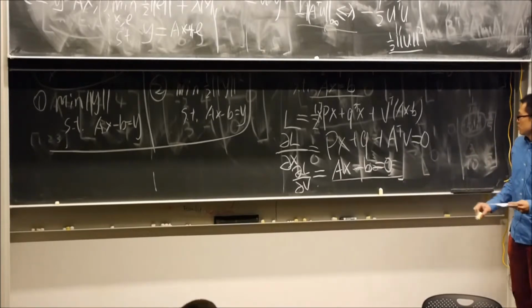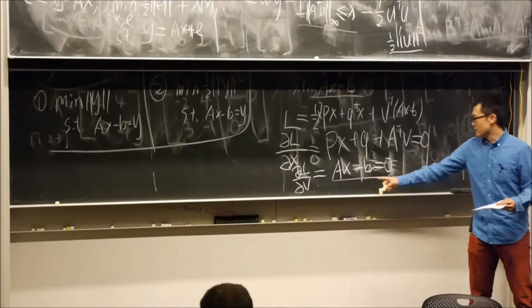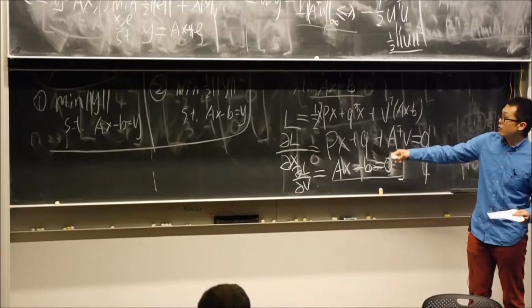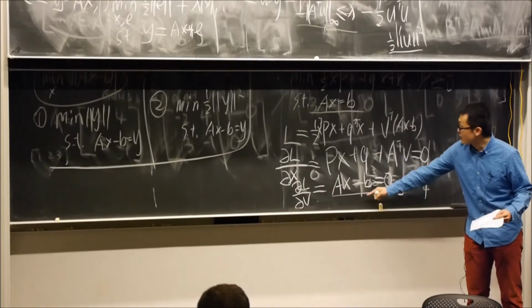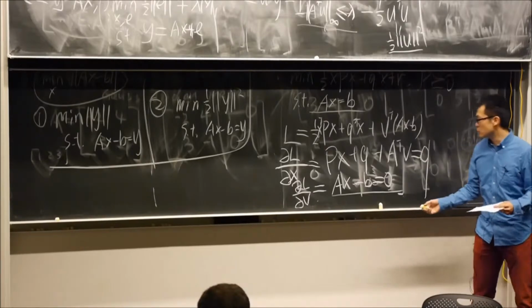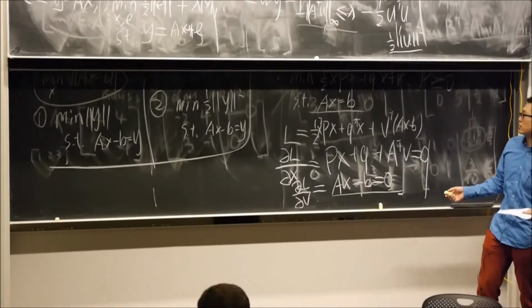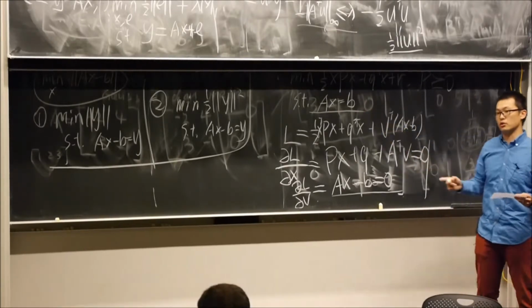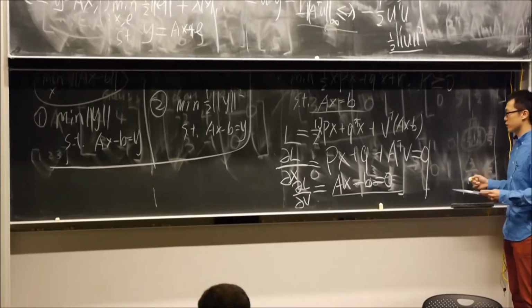So these two together, note that this also makes the primal feasibility satisfied, and we don't need to care about dual feasibility since this is an equality constraint. There's no u greater than 0 constraint.